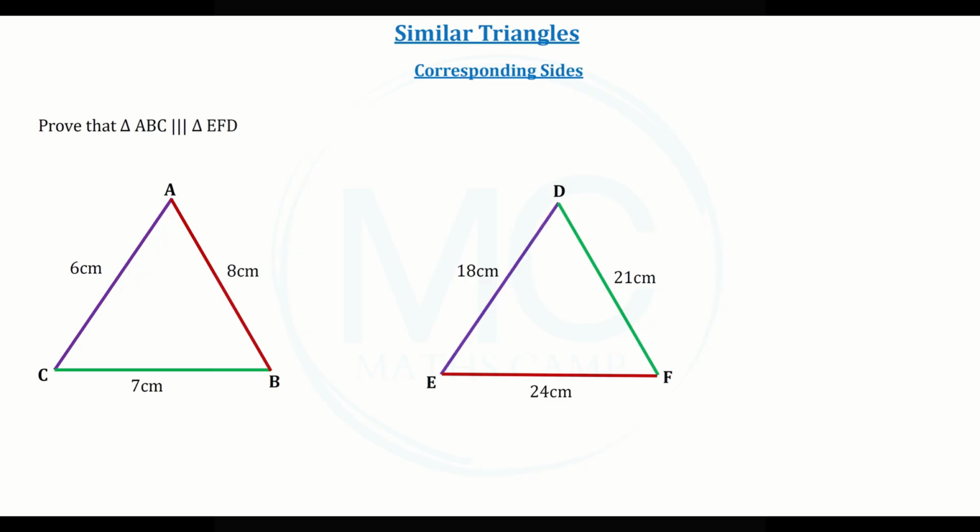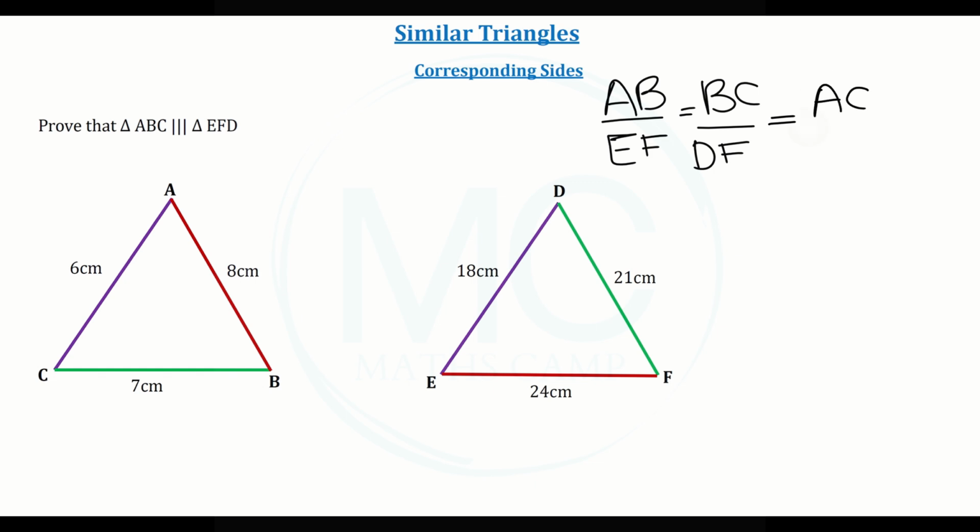Now, if these two triangles are similar, then each pair of corresponding sides will be in proportion. That means that side AB over the corresponding side EF will be equal to side BC over the corresponding side DF will be equal to side AC over the corresponding side DE.